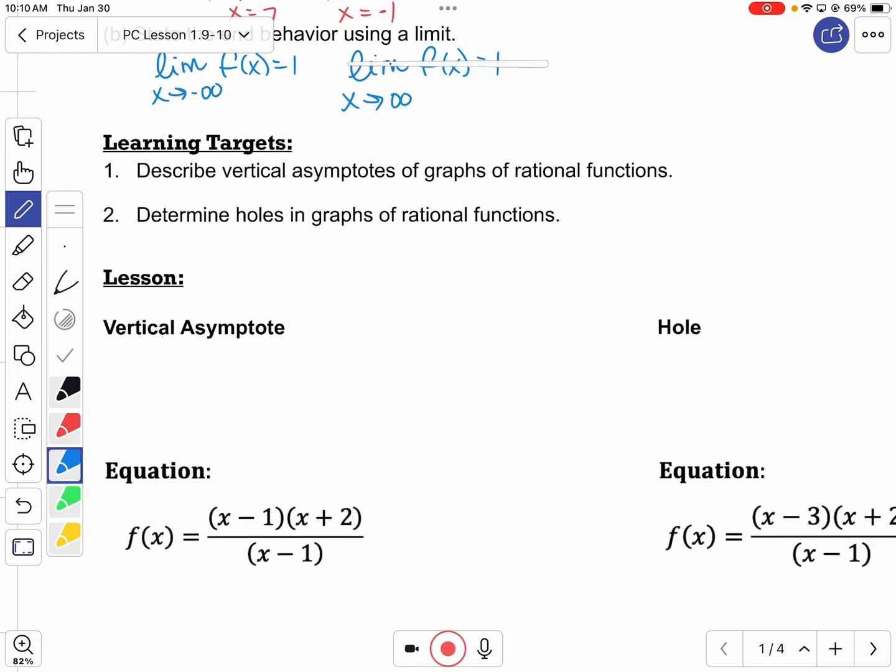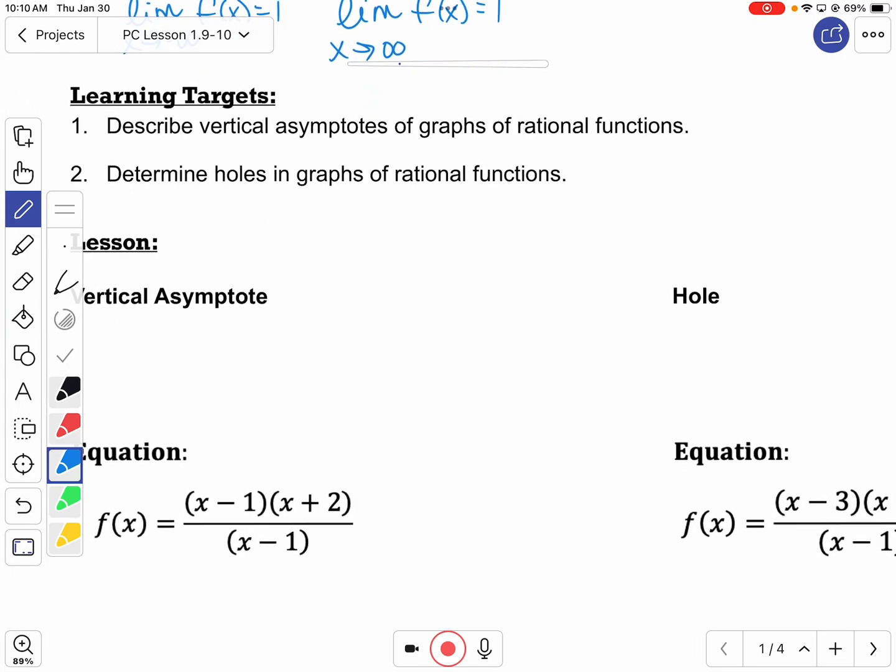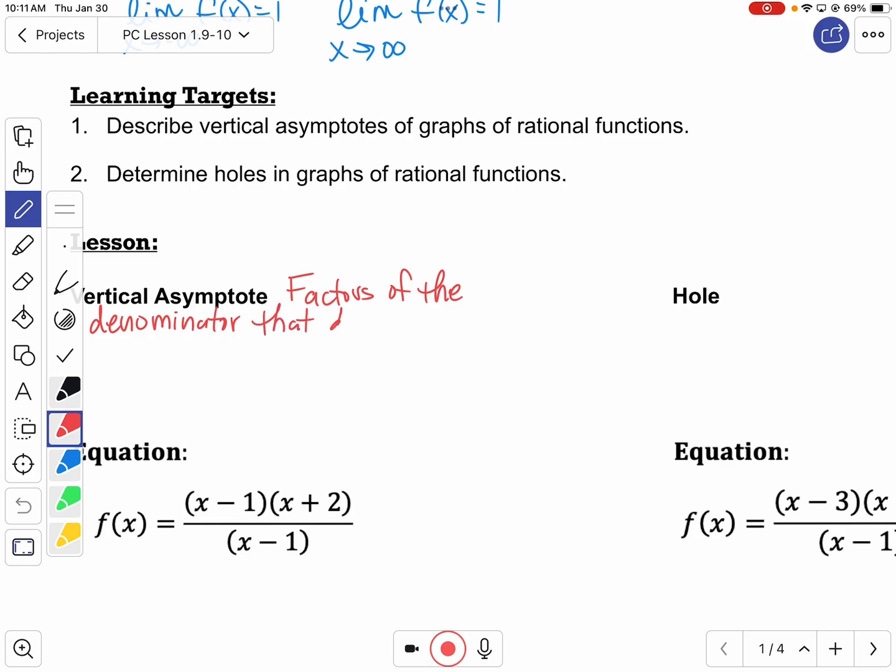All right. So let's get into what is a vertical asymptote. Well, we know it's a vertical line. Okay. But basically, vertical asymptotes are factors of the denominator that do not reduce with the numerator.